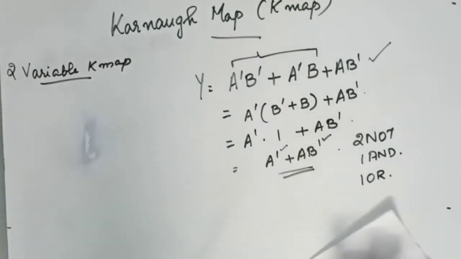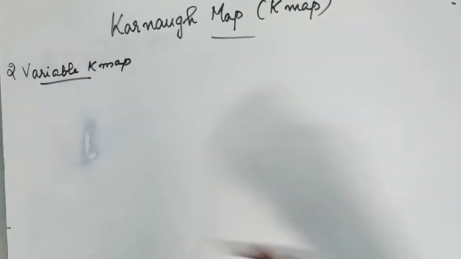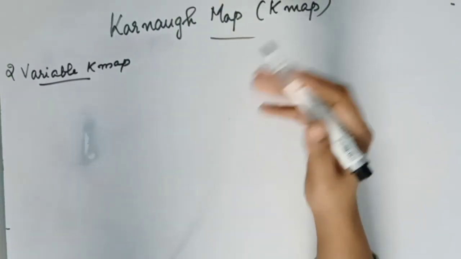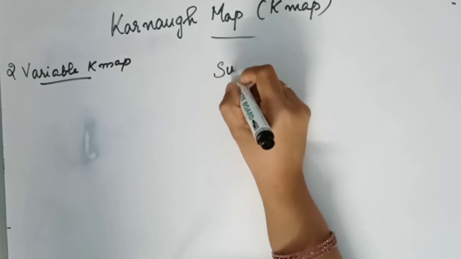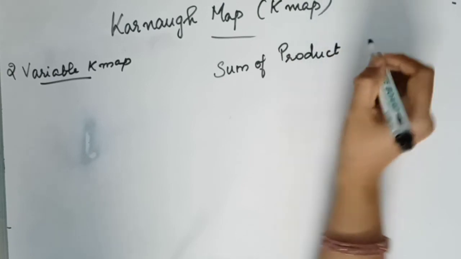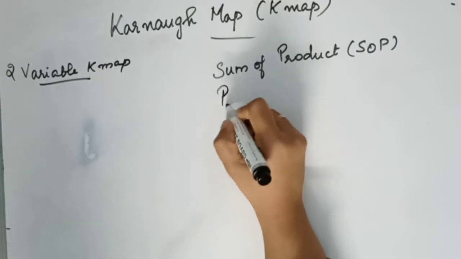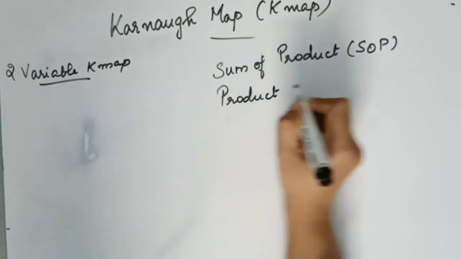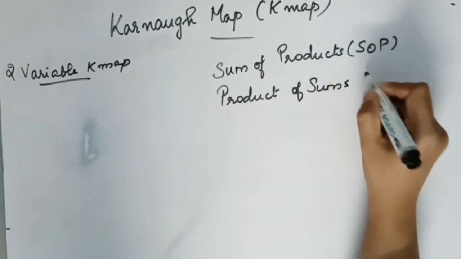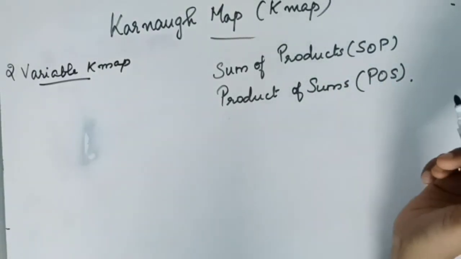The Kmap, or Karnaugh map, can be used on Boolean expressions in the form of sum of product, or SOP, or in the form of product of sum, POS.